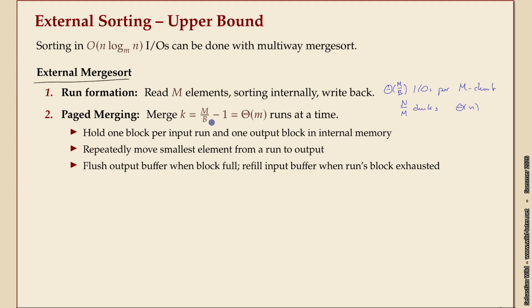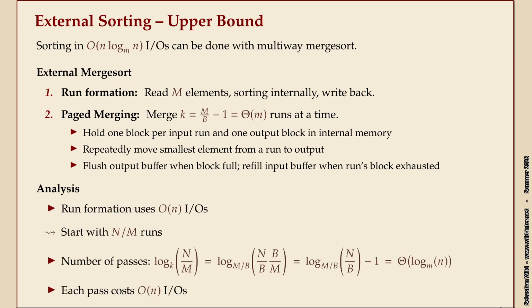And then I can always read from these blocks until they're empty and then replace them. That way I can merge K runs at a time, all of this in the IOs of one scan. So one such merge costs scanning time, so number of elements divided by B IOs.